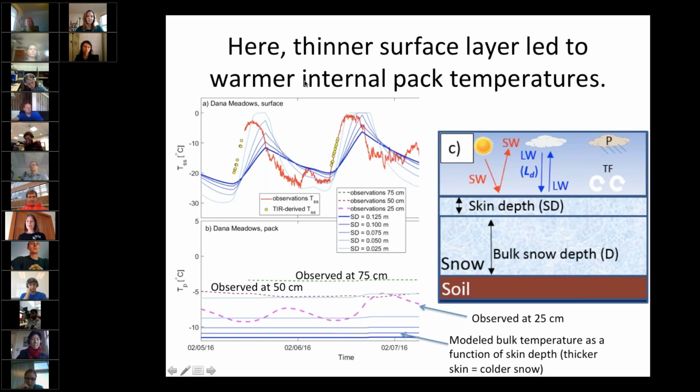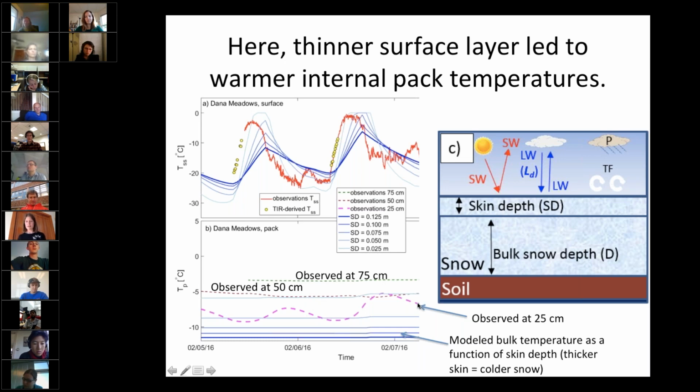This is the model representation of the surface temperature. Down here is a model representation of the bulk snow temperature. And just like this red line here is the observations, the green and the red and the magenta lines are observations taken within the snowpack.